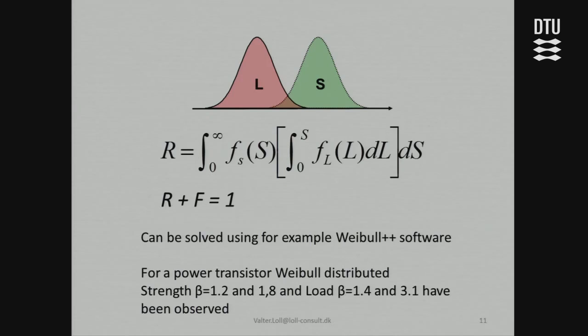But if you have more than one load, what will happen then? In case A, the reliability will be the same, because the weak items fail on the first load, and the rest will remain strong enough if we don't take into account wear out and fatigue.